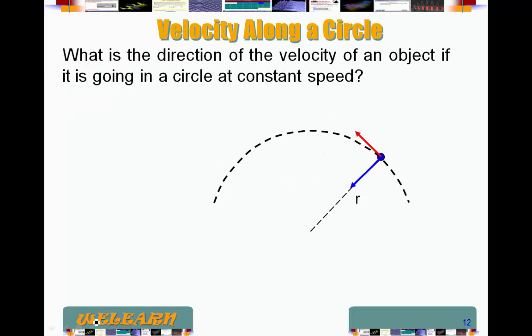Now, the question is, what is the direction of the velocity of an object if it is going in a circle at a constant speed? Is it the red arrow or the blue arrow? Obviously, here, since it's moving in this direction, the velocity is always along the direction of motion, so the red arrow is going to be the direction of our velocity.